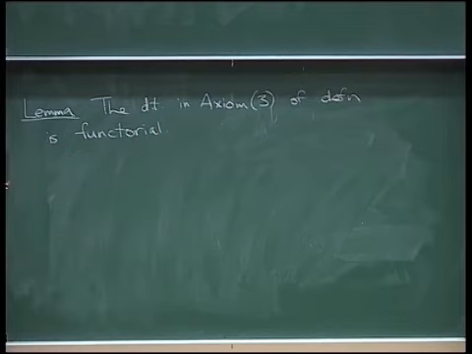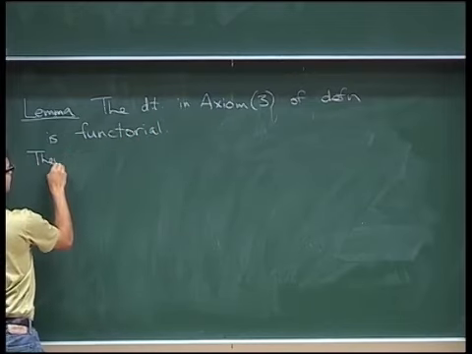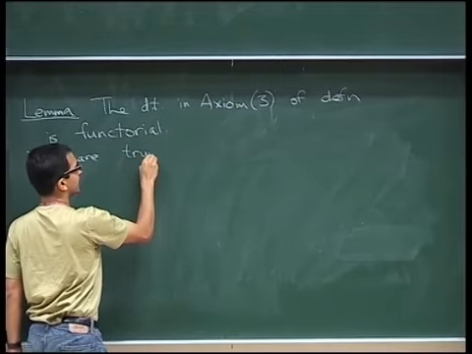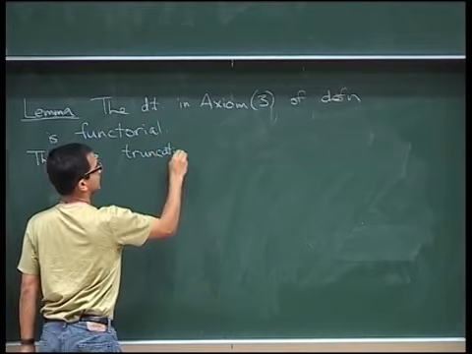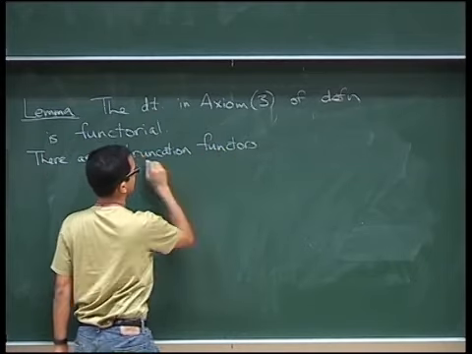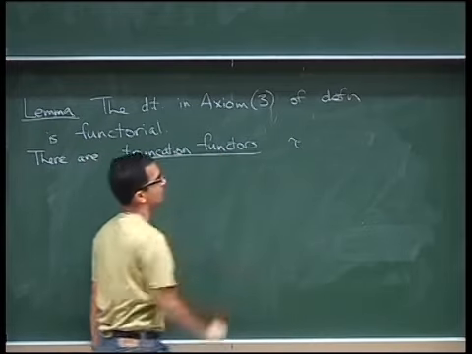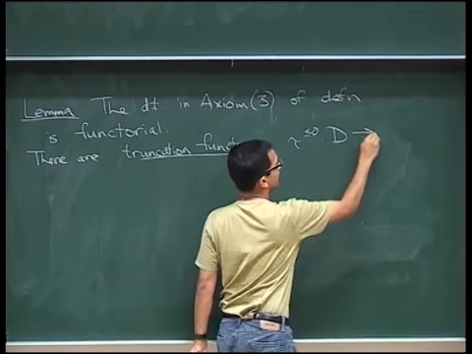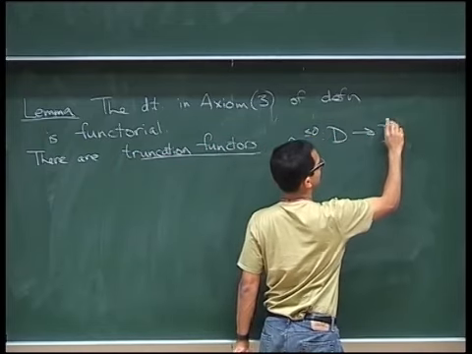So here's what I mean by that. More specifically, there are functors which are called truncation functors. They're less than truncation functors and greater than ones.